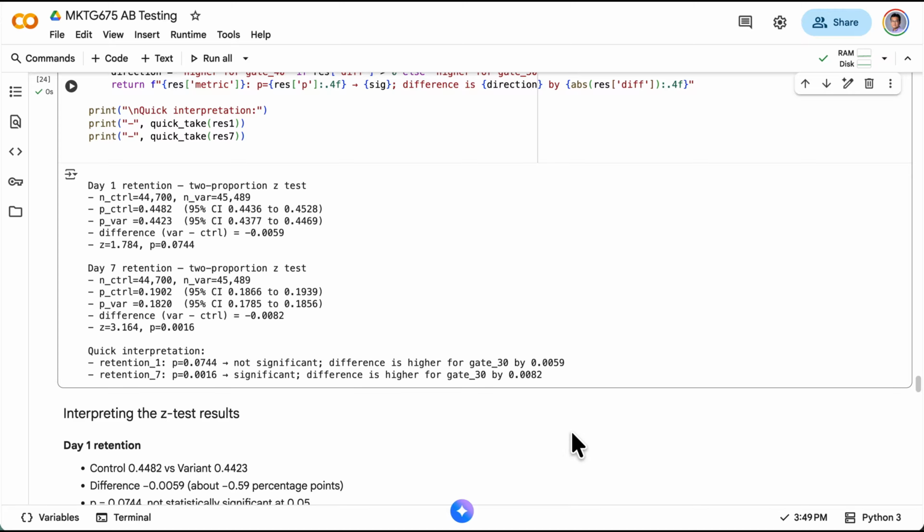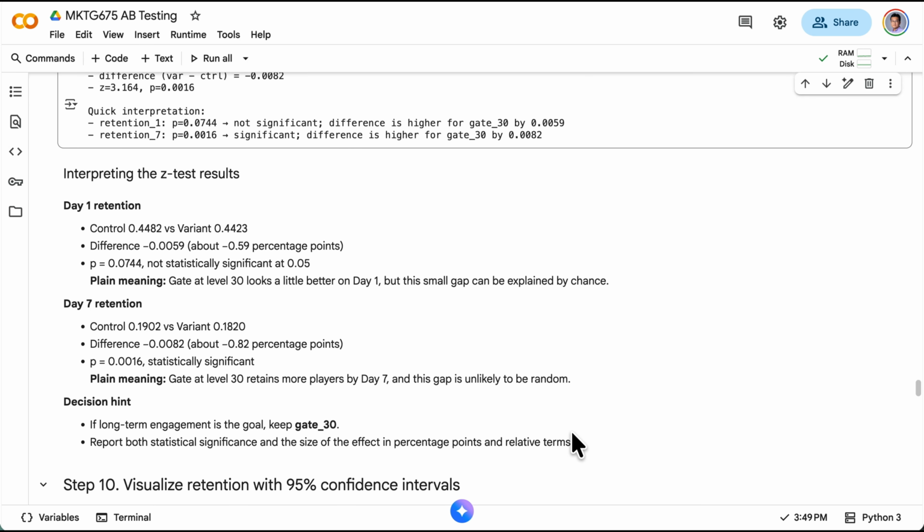For day 7, the output says control gate 30 has 0.1902 with a 95% confidence interval from 0.1866 to 0.1939. The variant gate 40 has 0.1820 with a 95% interval from 0.1785 to 0.1856. The difference, variant minus control, is minus 0.0082.